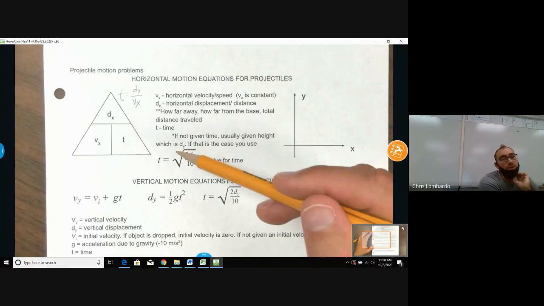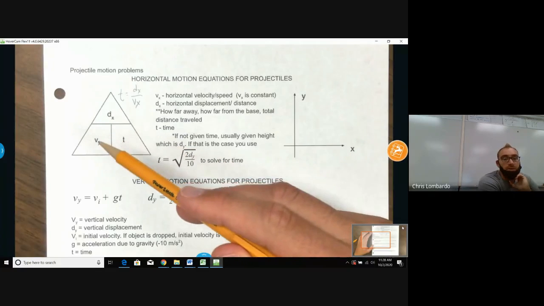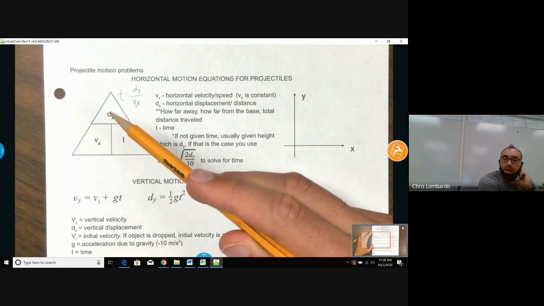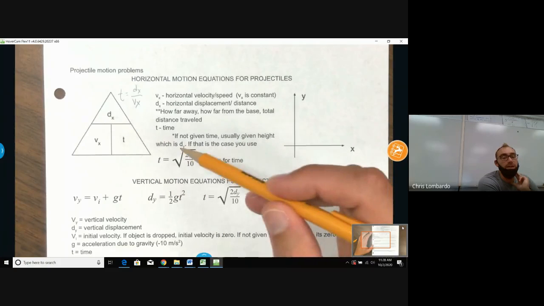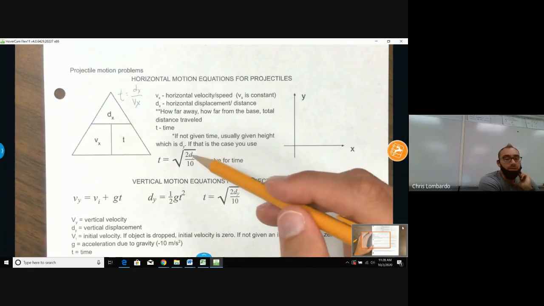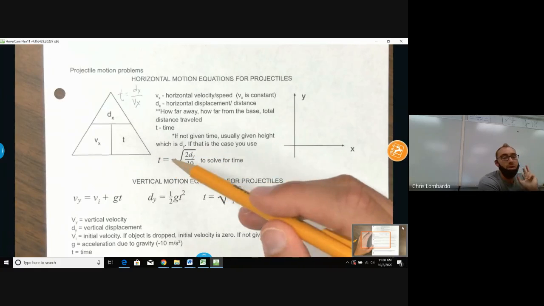Now if you're not given a vx or a dx, but they ask you to solve for one of them and you don't have time, that means you're usually going to be given height. So if you're given a height of something, the square root of 2 times dy over 10, you can use that to solve for time.